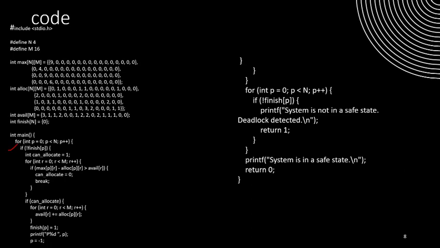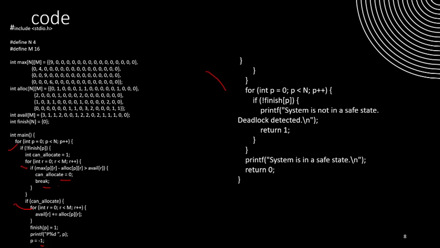and if it is not finished, can allocate is equal to 0, and we check this condition, and can allocate is equal to 0 and break. There we use a boolean in the next question. Here we use can allocate equal to 1 or 0. Okay. And we continue with this; here we check the can allocate for loop, and after that we continue to this side.